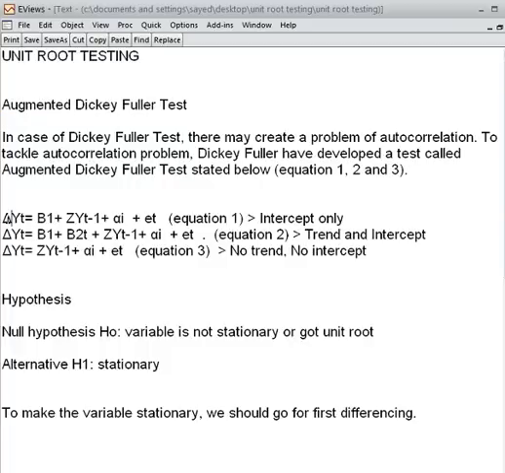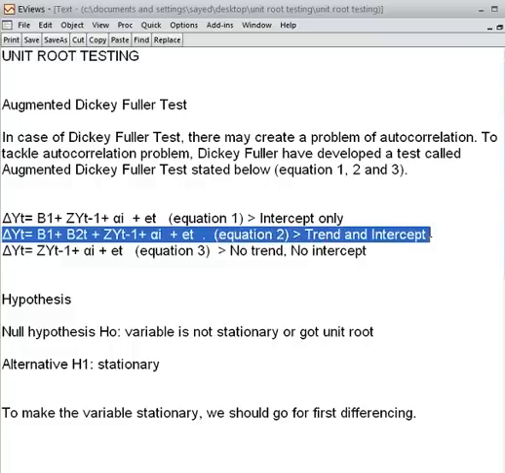So the first shape is this one, that means equation 1. This first shape has only an intercept. You see here is only intercept. And the second shape of the augmented Dickey-Fuller test has trend and intercept. You can see the trend, which is t, and intercept.